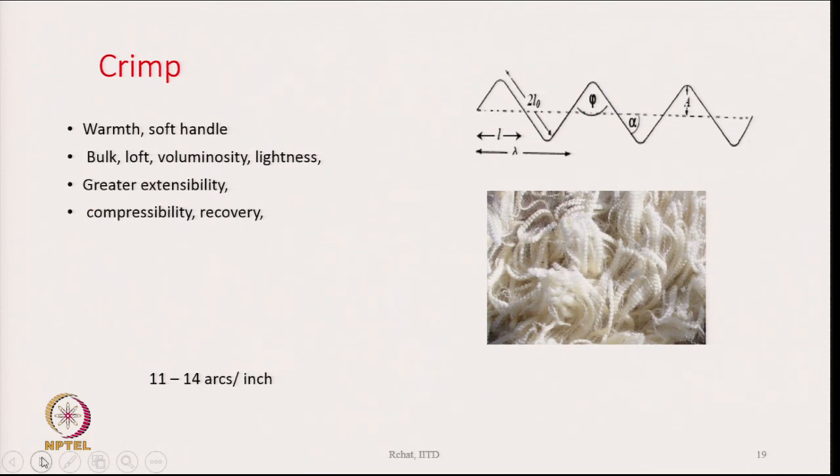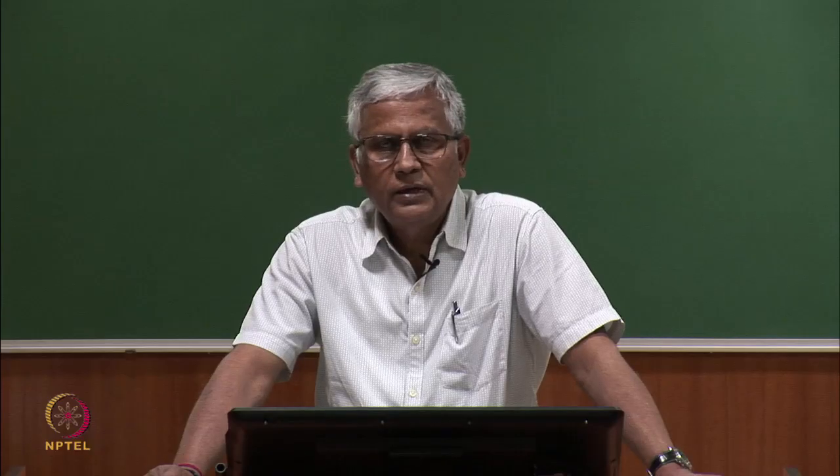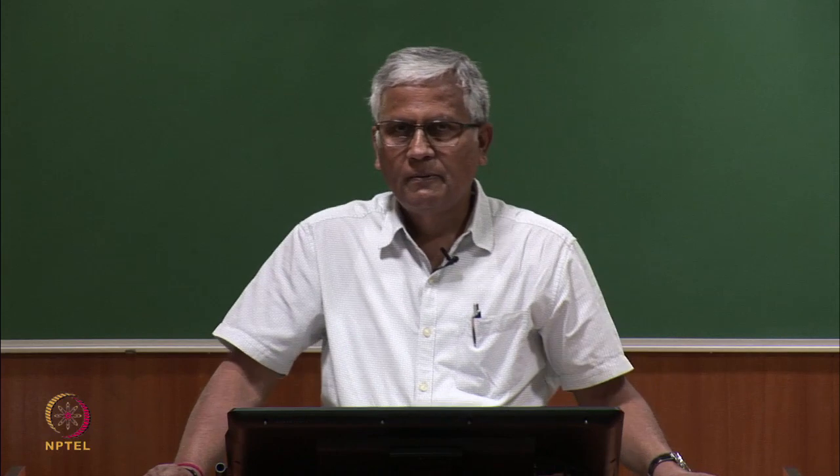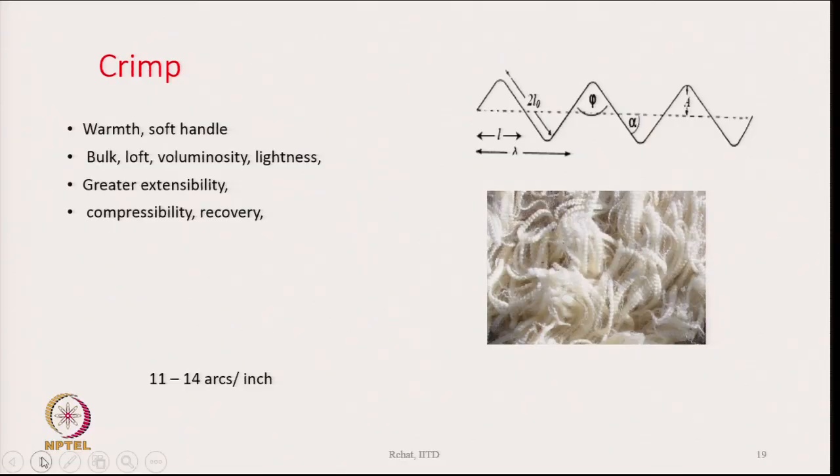Some fibers already have crimp, like wool fibers, which are very crimpy, and the interesting part about wool is that it has 3D crimp. This is a fiber which has 3D crimp, and cotton fibers are also crimpy.